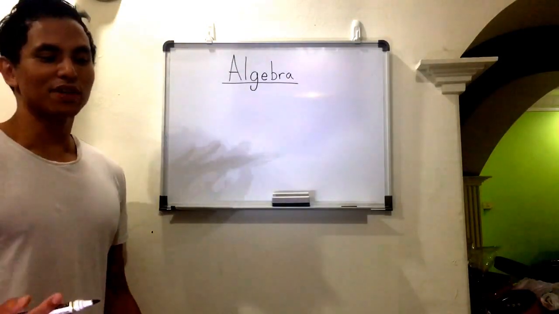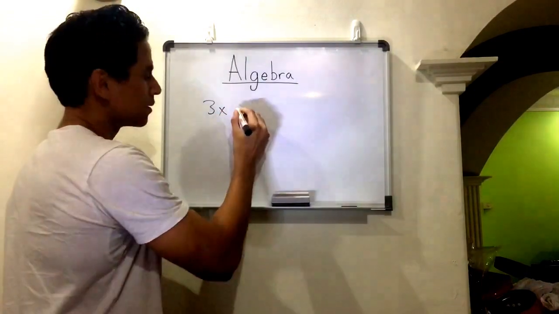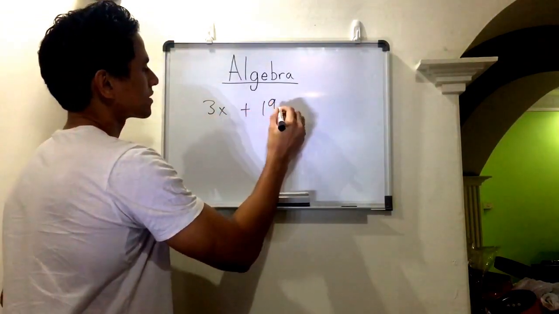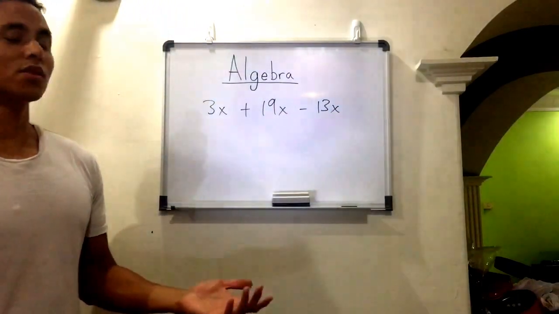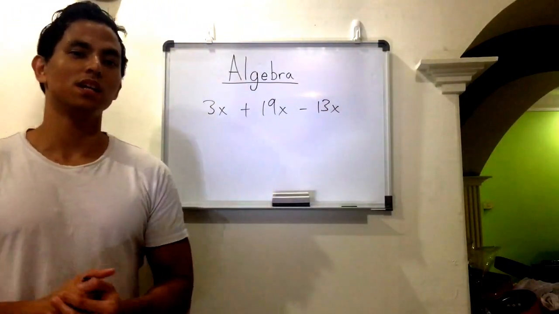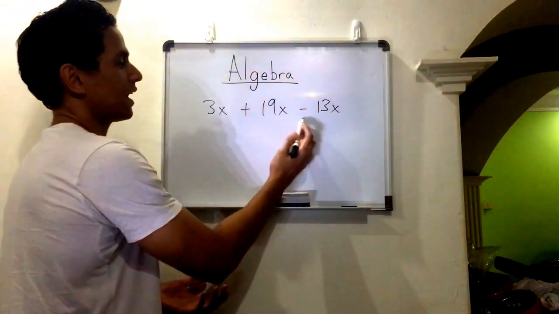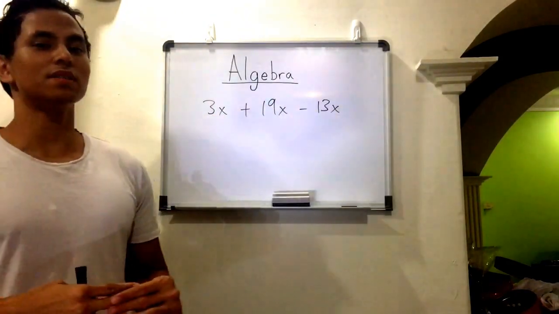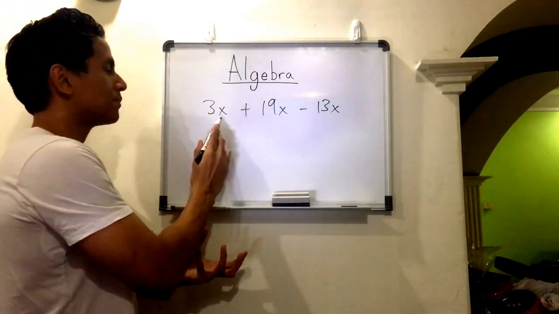The first example I have is, let's say we have 3x plus 19x minus 13x. Okay, so this one is a very simple example, the first one. It is a basic plus and then a minus. So what happens is, we take x as unknown, and the powers are all the same.